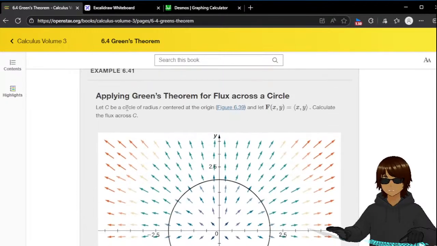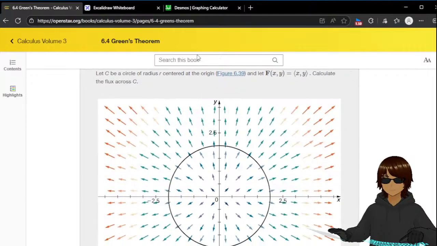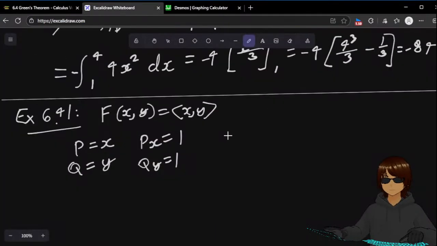Let C be a circle of radius r centered at the origin. Let F be this. Calculate the flux across C. x squared plus y squared is r squared.